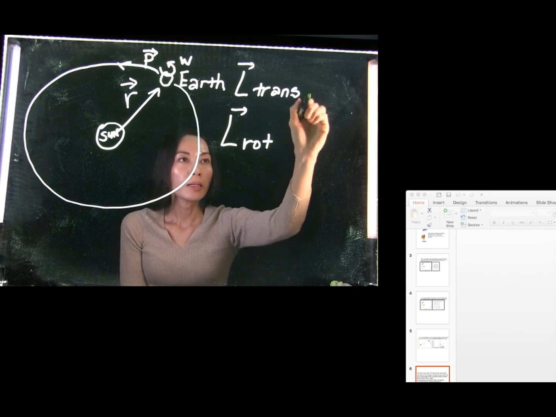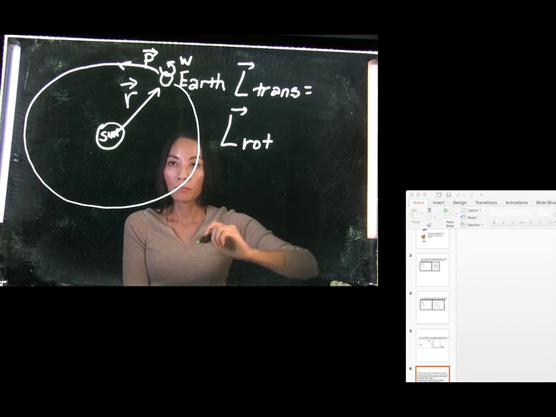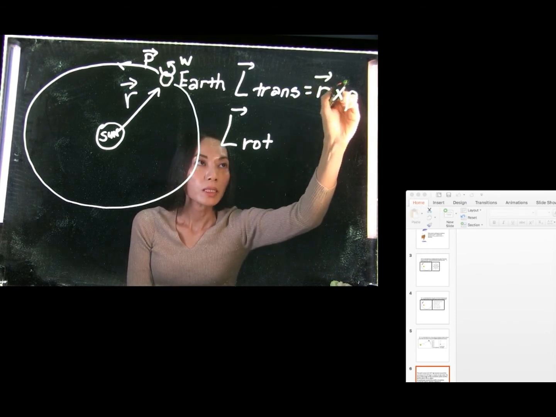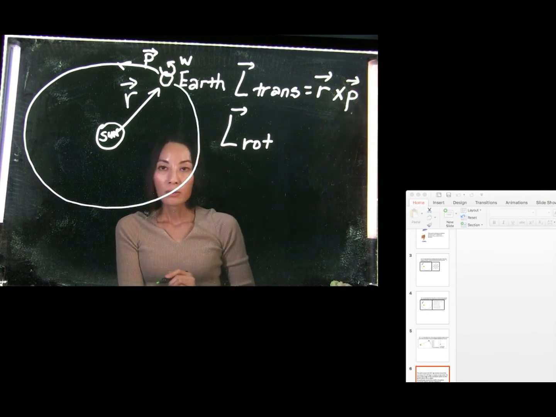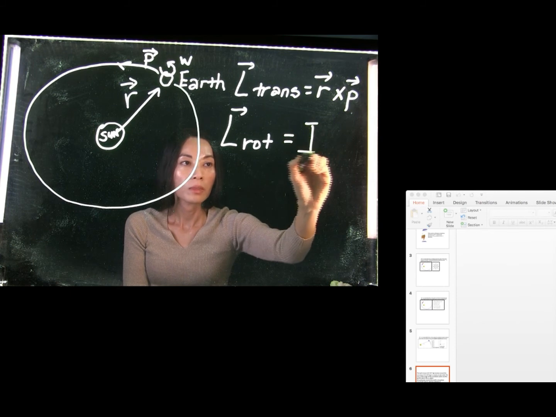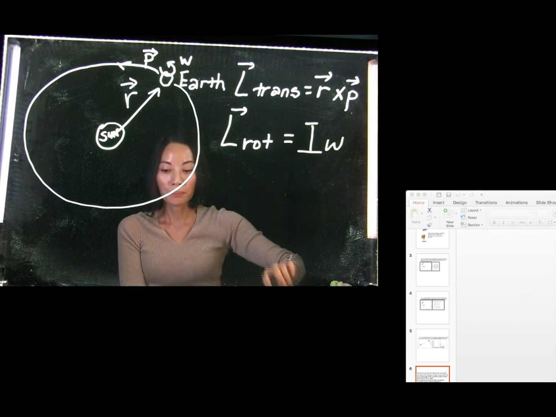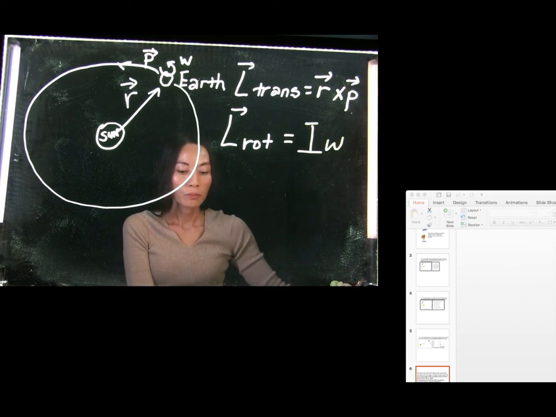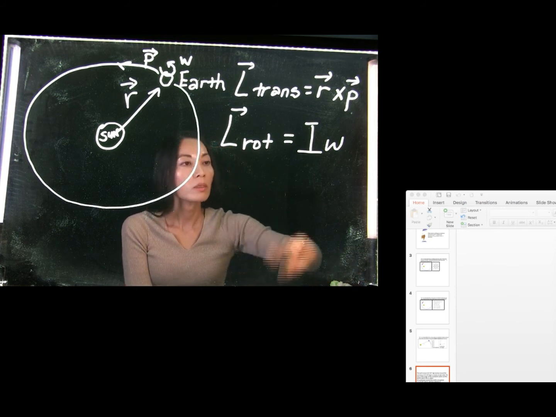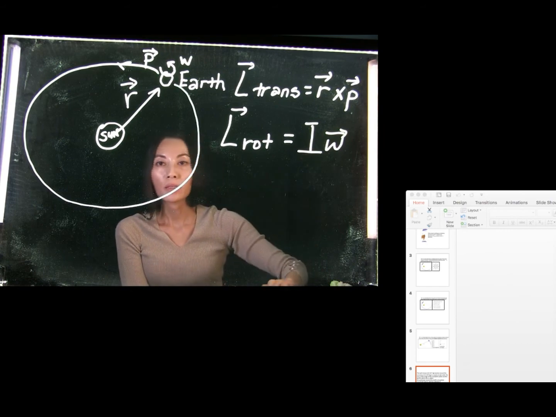We define the translational angular momentum to be the cross product of R and P, and the rotational angular momentum to be equal to I omega, where I is the moment of inertia and omega is the angular speed.